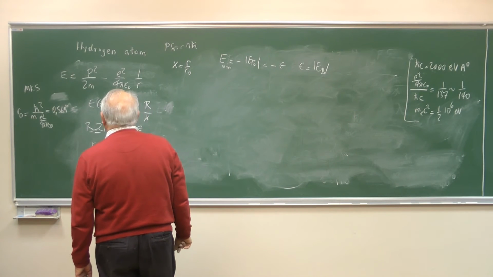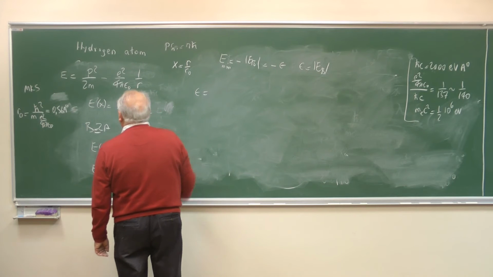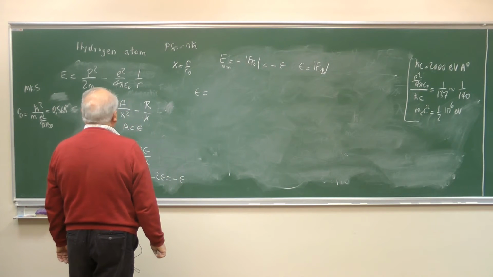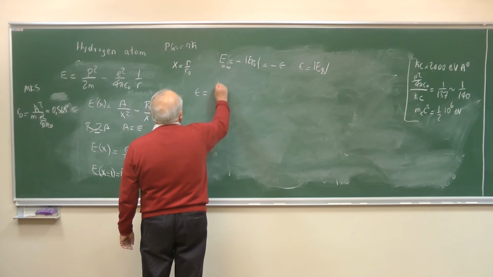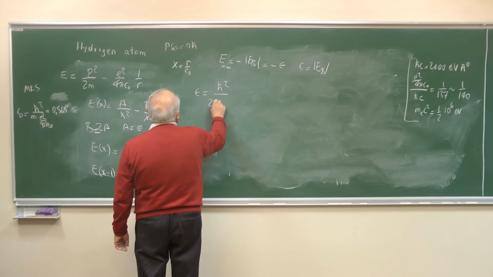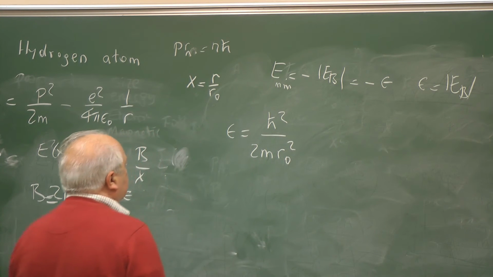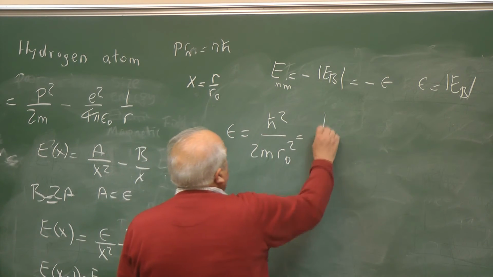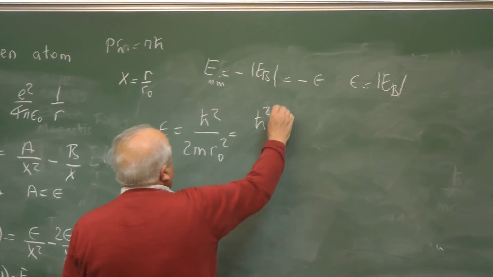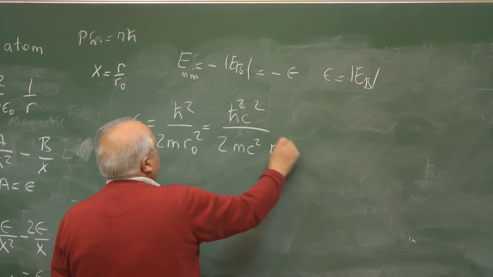And how big is this binding energy? Epsilon, which is A, was h bar square over 2m r0 square. Now we again used that table. This is h bar square c square over 2 mc square times r0 square.